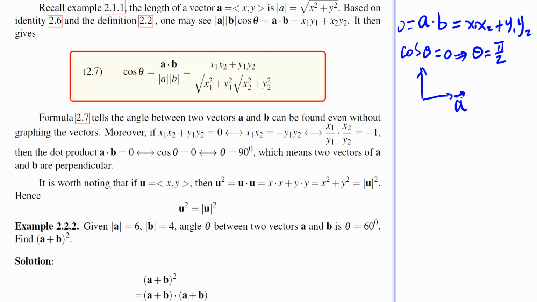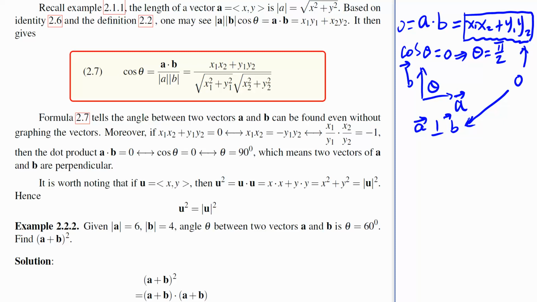if this is A, this is theta, this is B, then vector A is perpendicular to vector B. This basically says that given two vectors, if we calculate the dot product and find out this one is 0, then immediately we know that those two vectors are perpendicular.